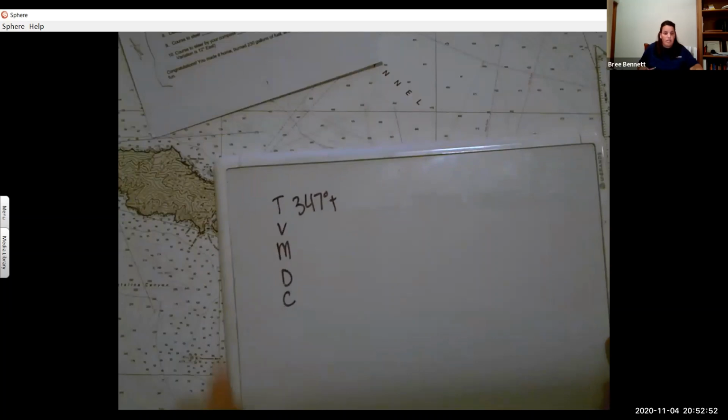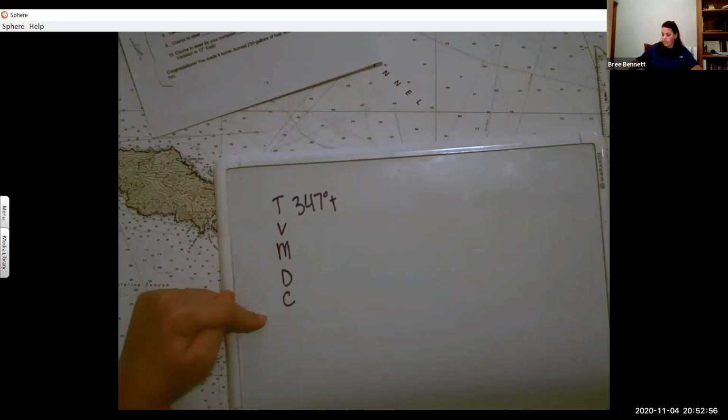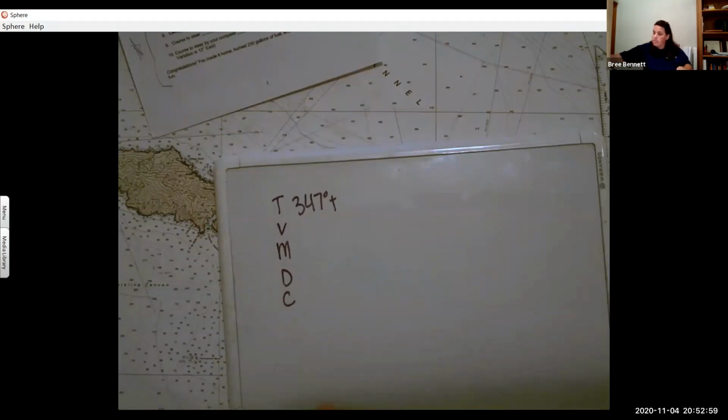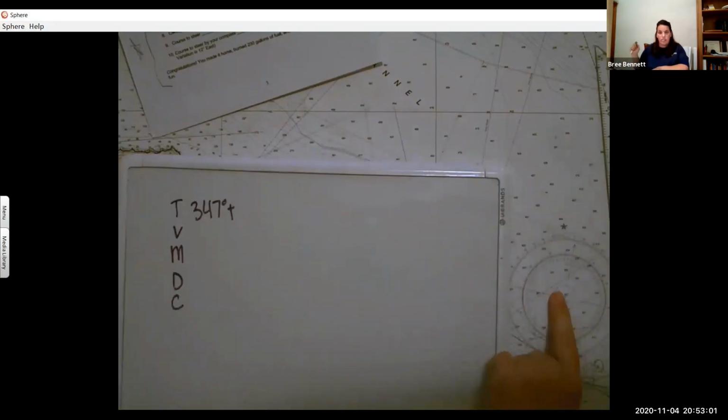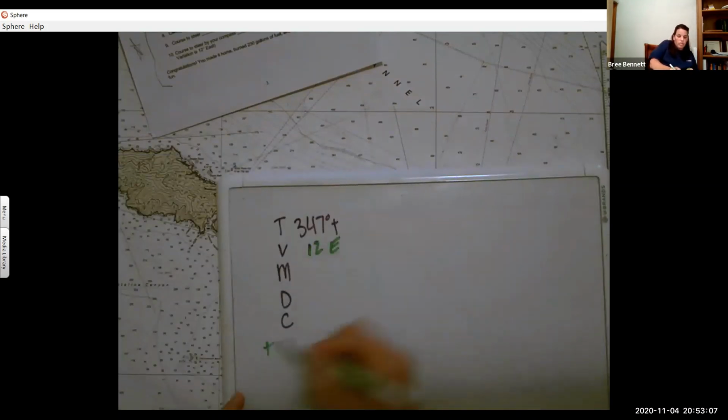To answer question 1, we'll convert our true into compass. Our variation is 12 east, that's given to us on the compass rose here. We are going to be adding west, subtracting east, so we're subtracting that 12.